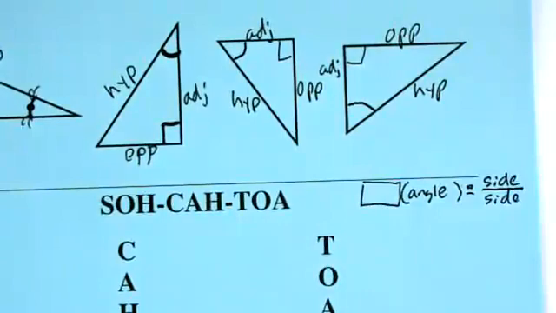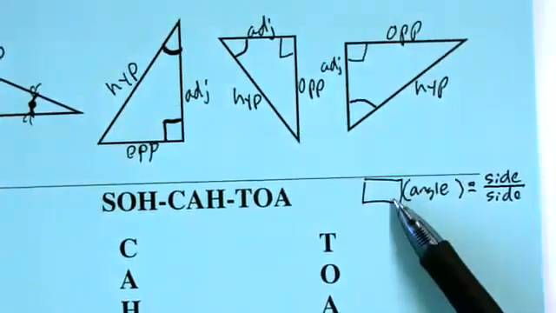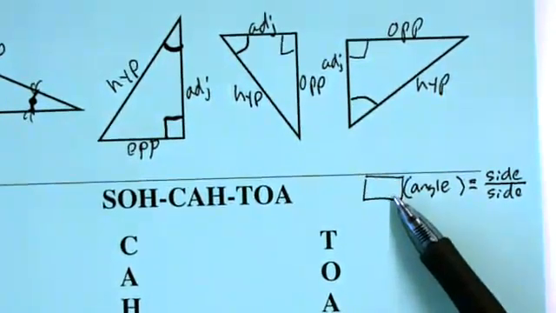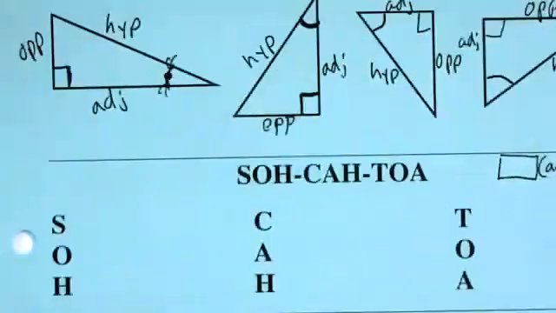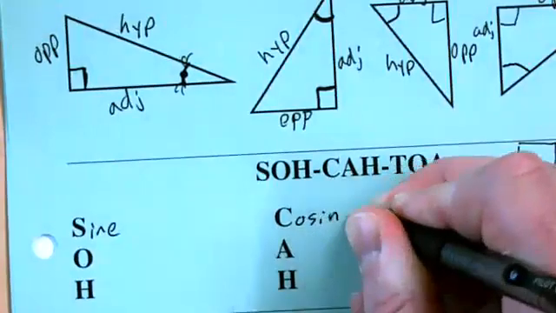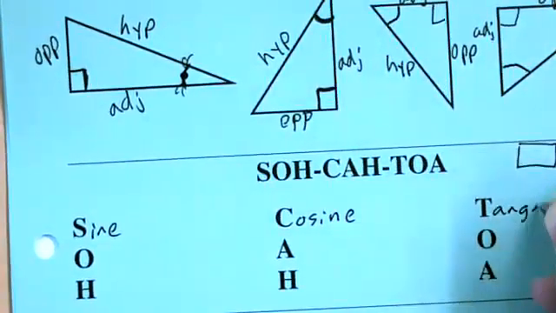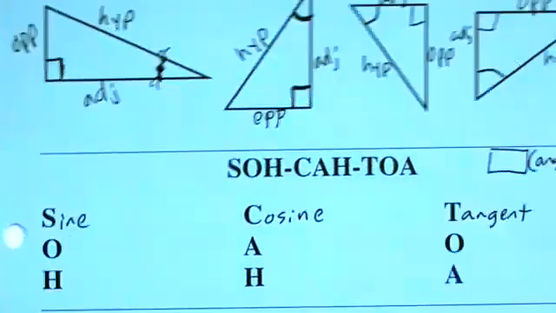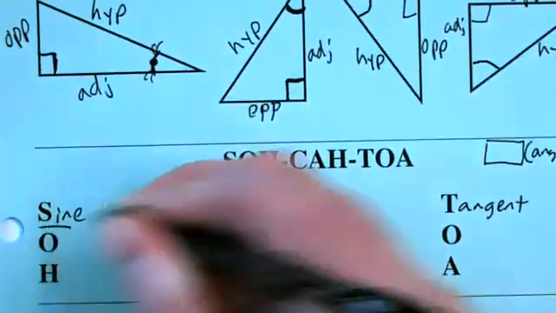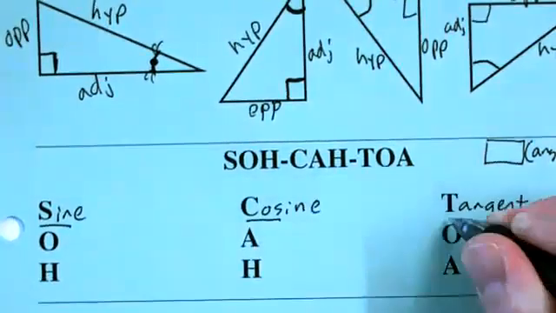So there are three different things that could go into this little box right here. Those three things are called sine, cosine, and tangent. I'm going to write those down right here. When we write equations and put these into our calculator, we only use the first three letters: sin, cos, and tan.